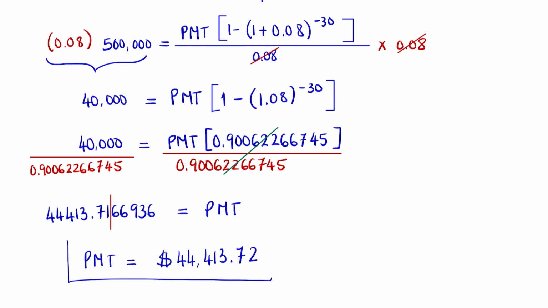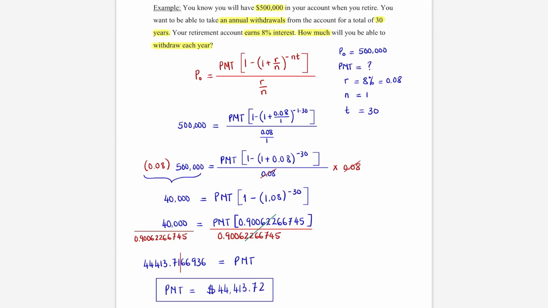So PMT is $44,413.72. So if I have $500,000 in my retirement account and I want to take an annual withdrawal for 30 years with the account that earns 8% interest, I can take out $44,413.72 per year.